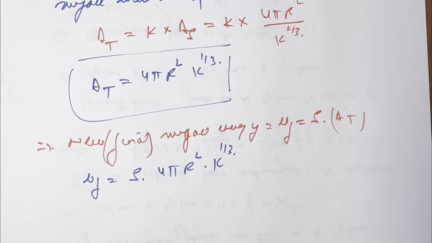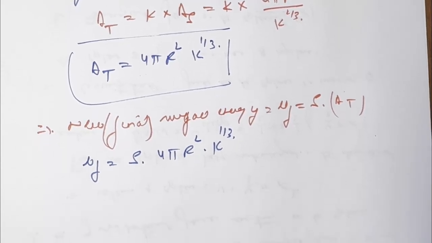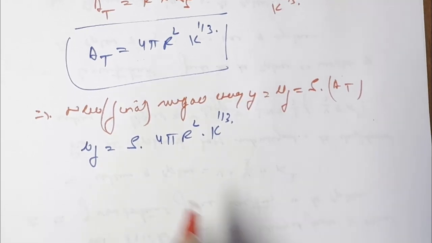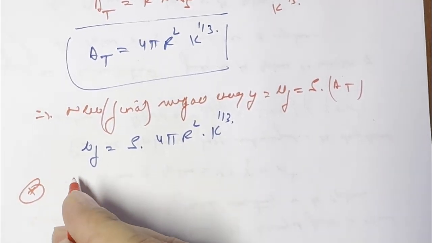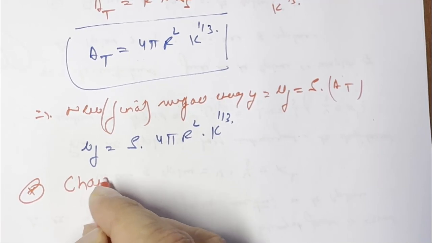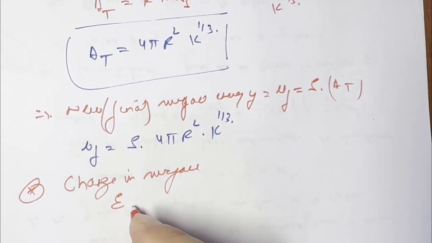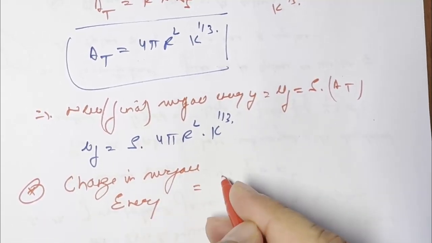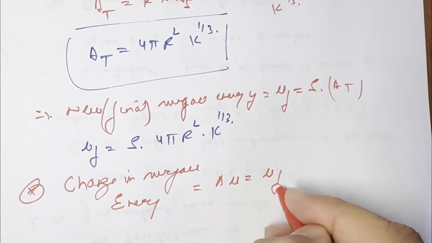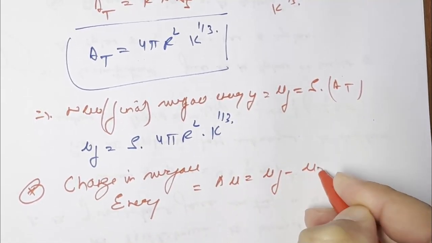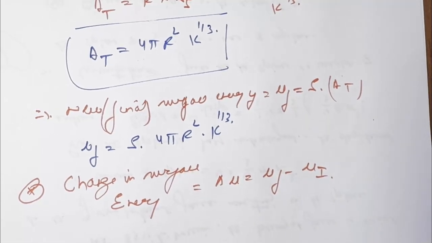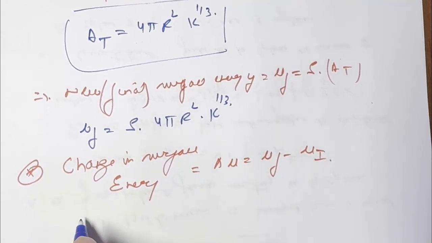Now we are given in the question that the change in surface energy is delta U, which is U F minus U I, that means final surface energy minus initial surface energy. So delta U is equal to final minus initial. Let us substitute the values.